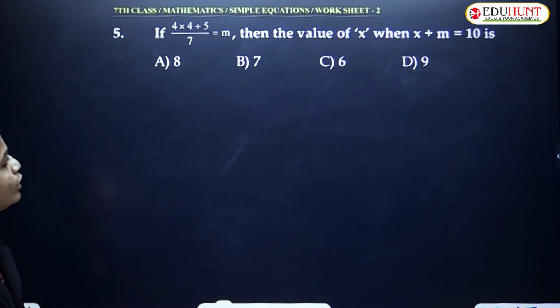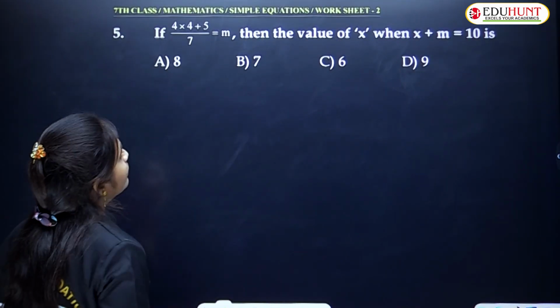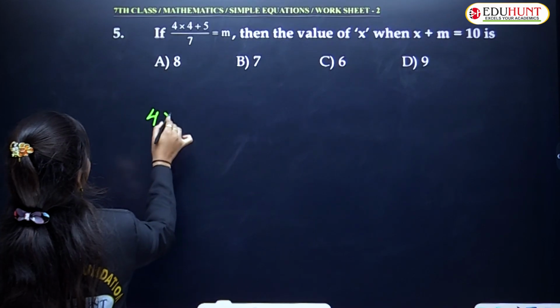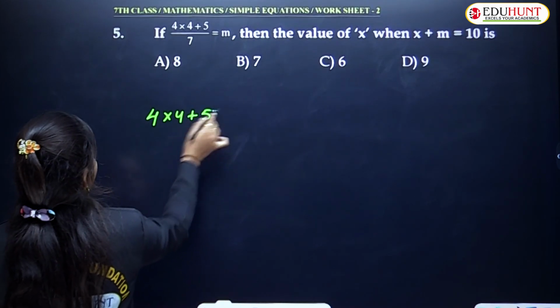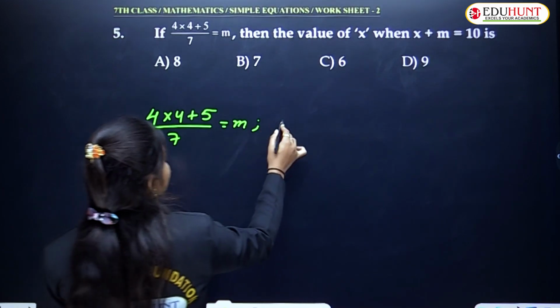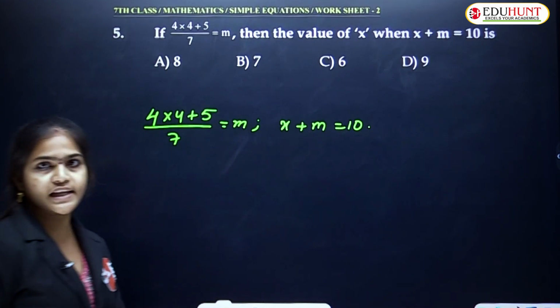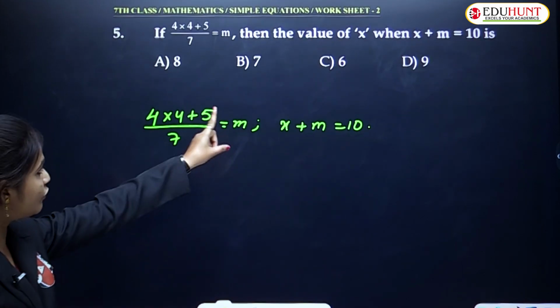Next, fifth one. Then the value of x. Here one of the expressions they gave, no? 4 into 4 plus 5 by 7, which is equal to m. From this one, x plus m is equal to 10. So here we need to find the x value.